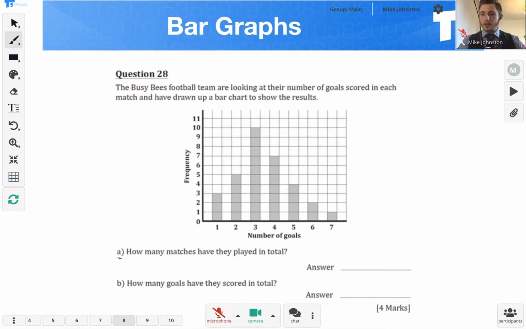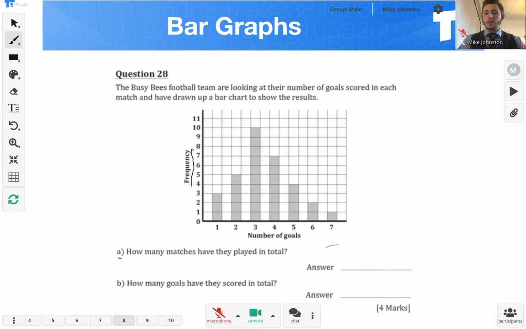Now I'm going to have a look and try to interpret the graph. They look at the number of goals scored in each match, and have drawn up a bar chart to show the results. So when you see the word frequency, which might be a new word for you, it's basically just the number of times something has happened, like how frequently something has happened.